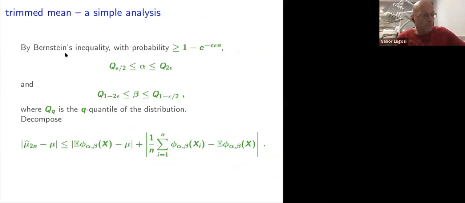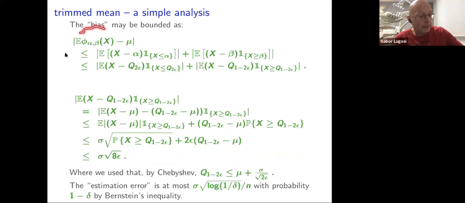The difference between the expectation and the true mean. Remember, the thresholding function only differs from the identity function when x is either less than alpha or greater than beta. So these are the two contributions from the two extremes, from the left side and from the right side.